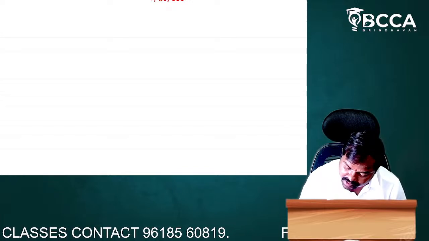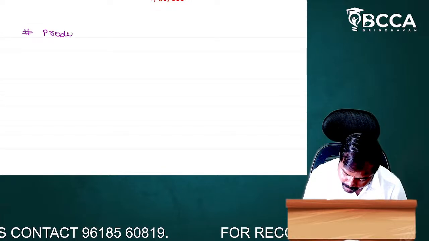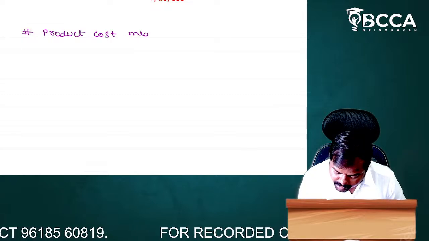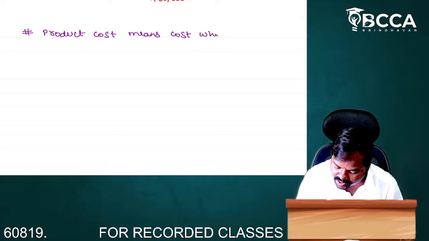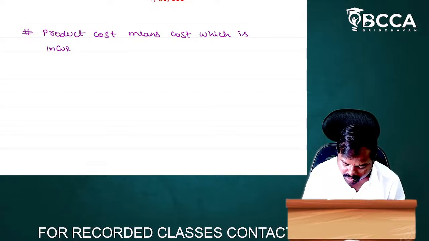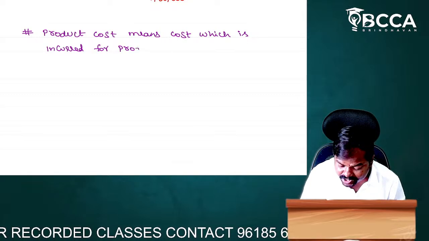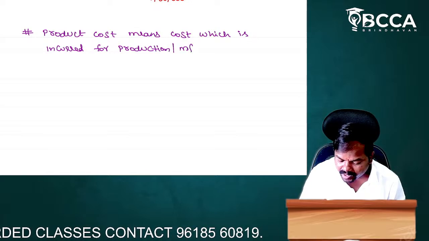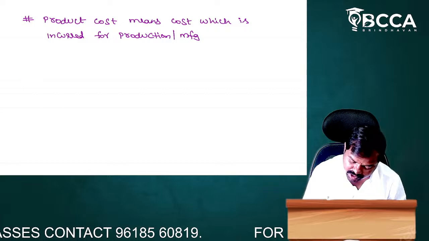It means product cost is cost which is incurred for production or manufacturing. Clear?